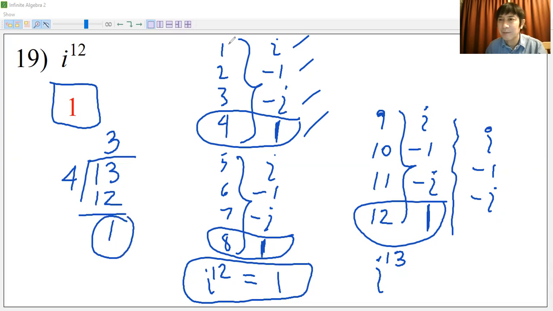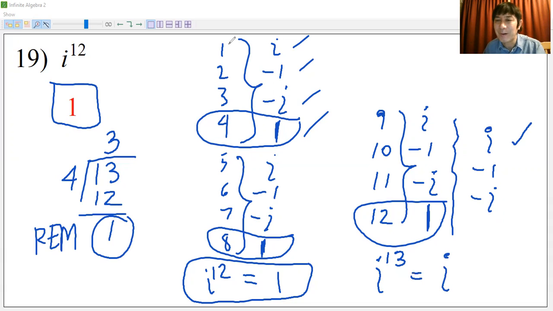If the remainder is 1, then that falls for the I. So I to the 13 is already I.